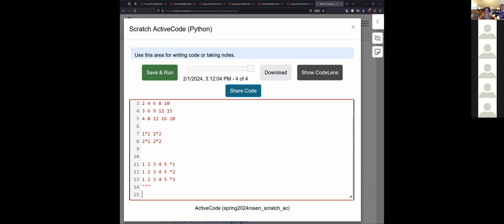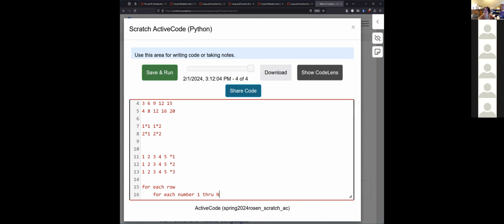So, way to view this is for each row, for each number 1 through n.